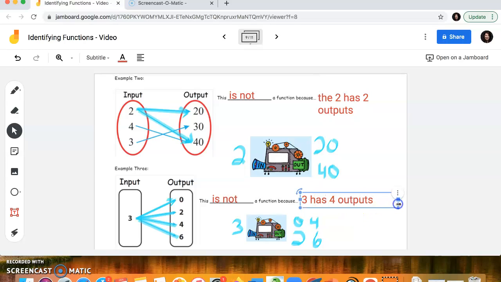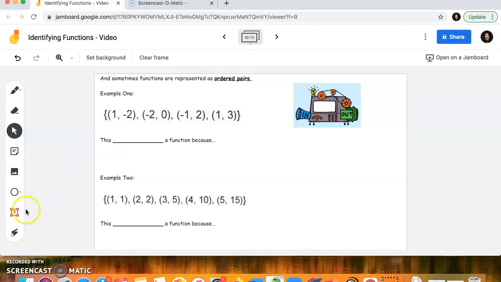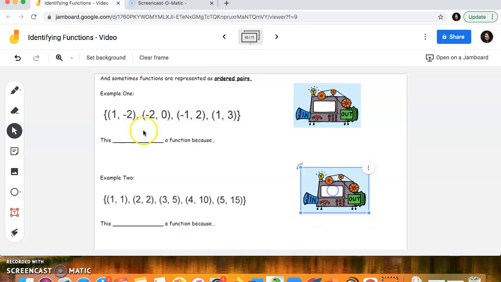Again, if I'm going too fast, pause the video because I am going to go to the next slide. The next few examples are the same idea, but now what we're dealing with are just points. So remember, what we have here is, and you know this, x, comma, y.